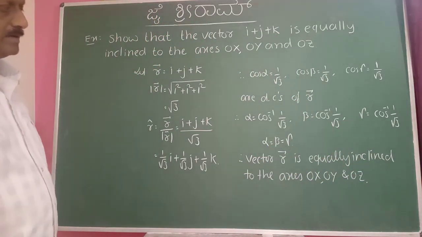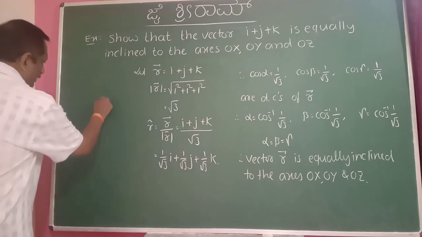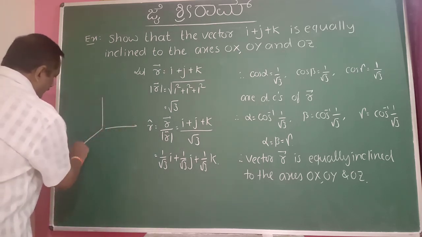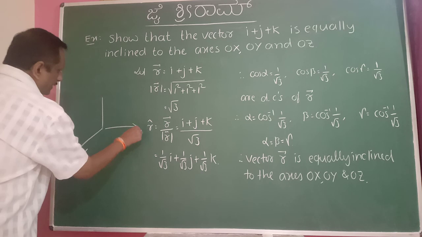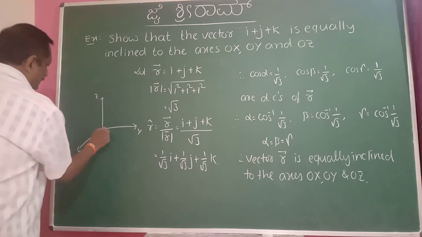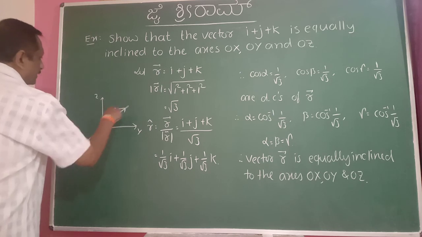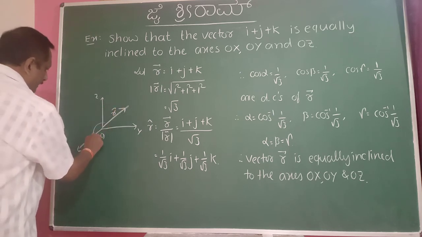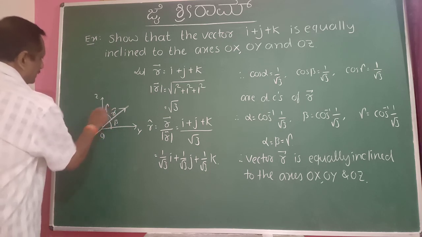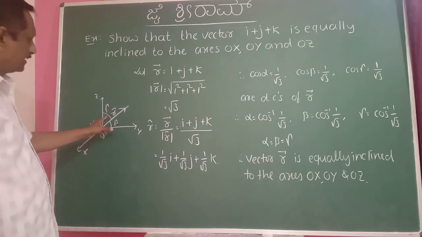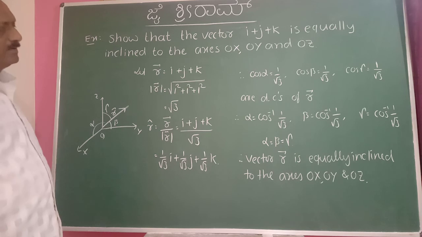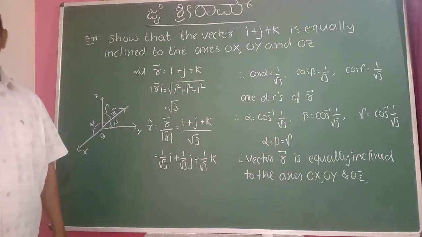The vector r bar equally inclined means: here is the x axis, y axis and z axis, and here is the vector r bar. This angle is alpha, this angle is beta and this angle is gamma. If these angles are equal, then the vector r bar is equally inclined to the axes.